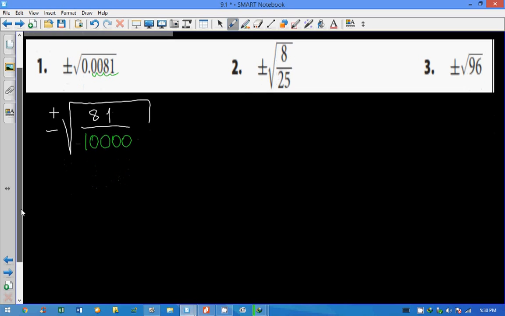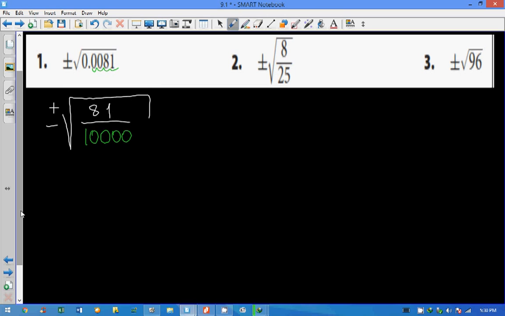We can write this as the square root of 81, which is 9, and the square root of 10,000, which is 100. The answer is plus minus 9 over 100, or plus minus 0.09. Next problem.